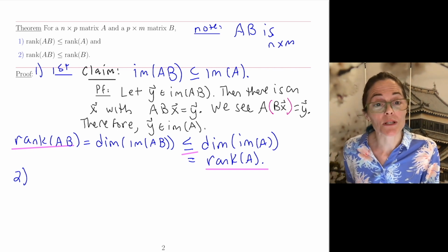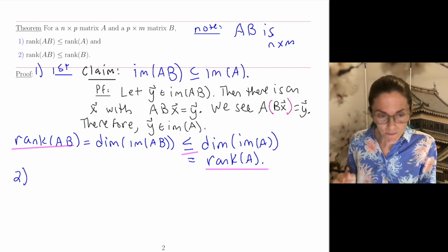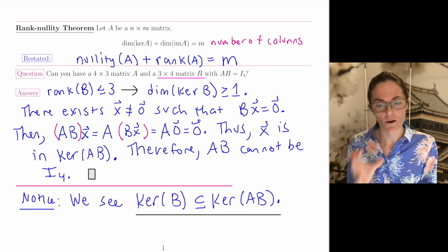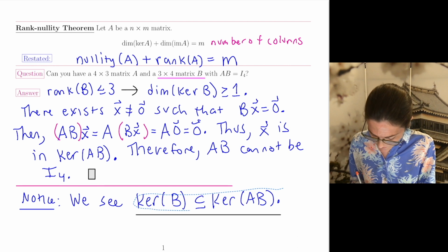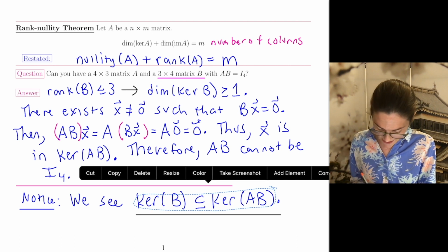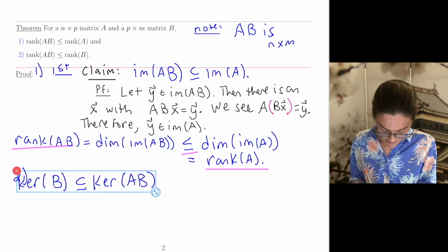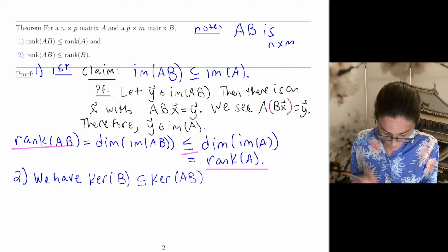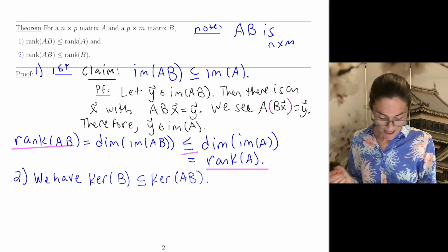So to prove number two, the rank of AB is less than or equal to the rank of B, I'm going to back up just for a moment. You see the kernel of B, maybe I should copy and paste this. We made this observation, and I did this intentionally. Copy and paste. So we have that the kernel of B is contained in the kernel of AB.